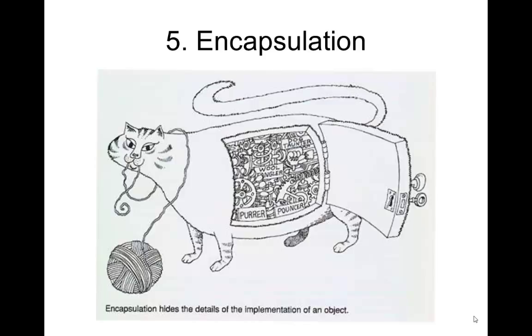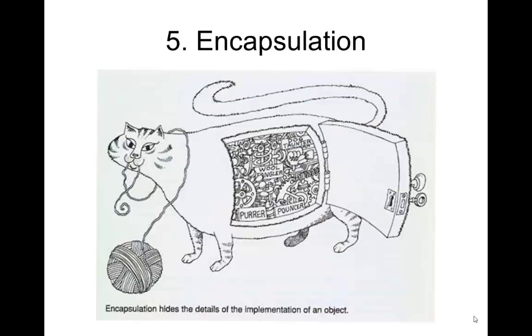So encapsulation is the theoretical and practical idea that the user doesn't need to know how an object works. All they need to know is how to work the object. So here's our cat.